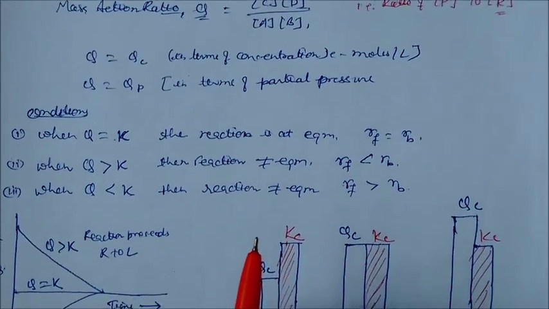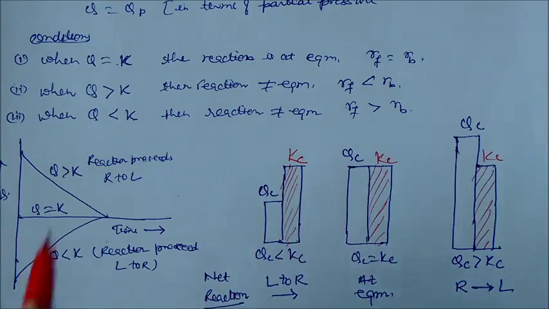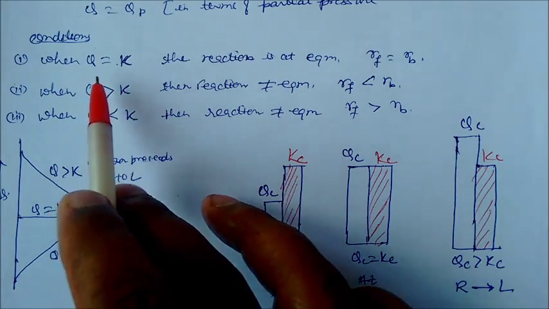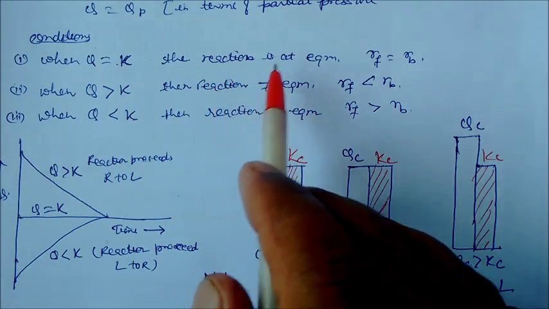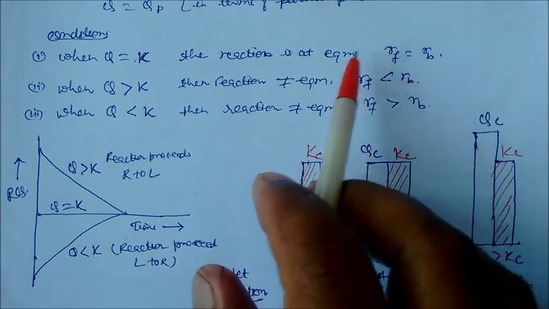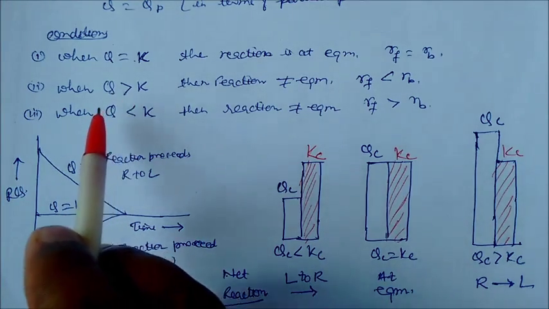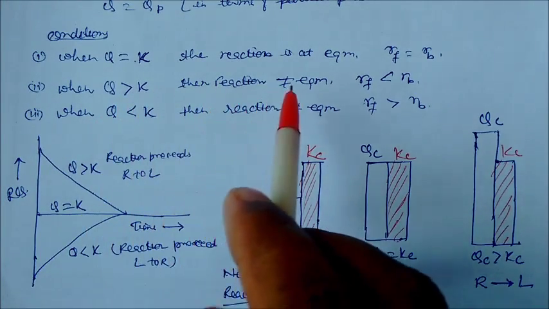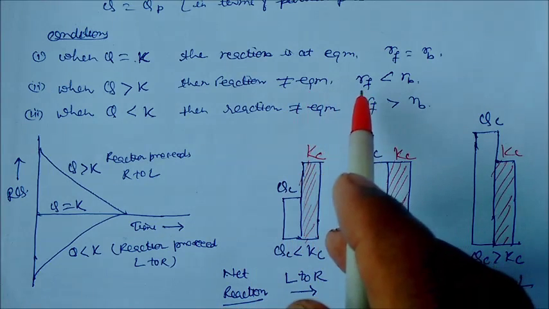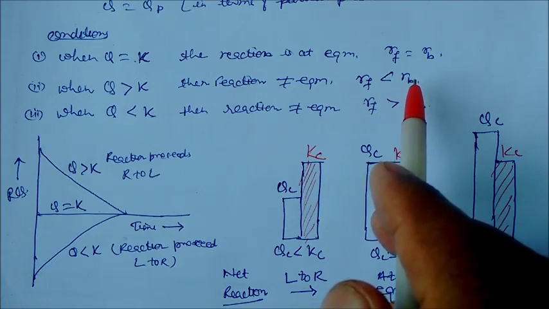So here we have some conditions. If Q is equal to K, then the reaction is at equilibrium, and the rate of forward reaction will be equal to the rate of backward reaction. Second, if Q is greater than K, then the reaction is not at equilibrium, and the rate of forward reaction will be lesser than the rate of backward reaction.